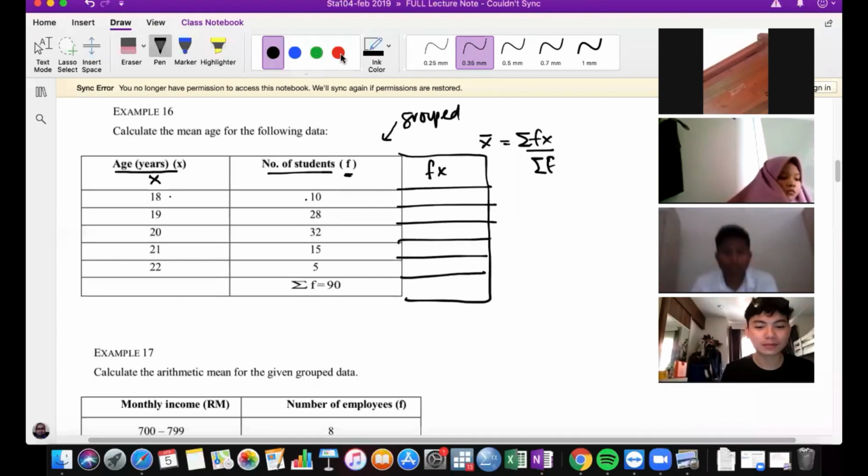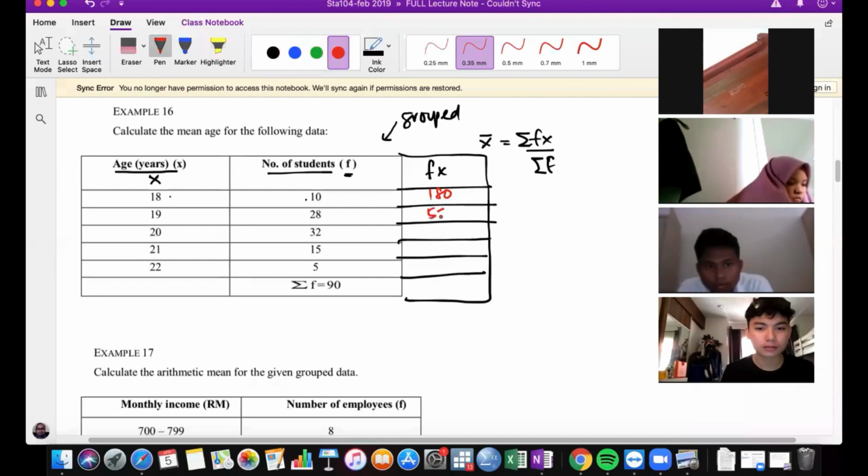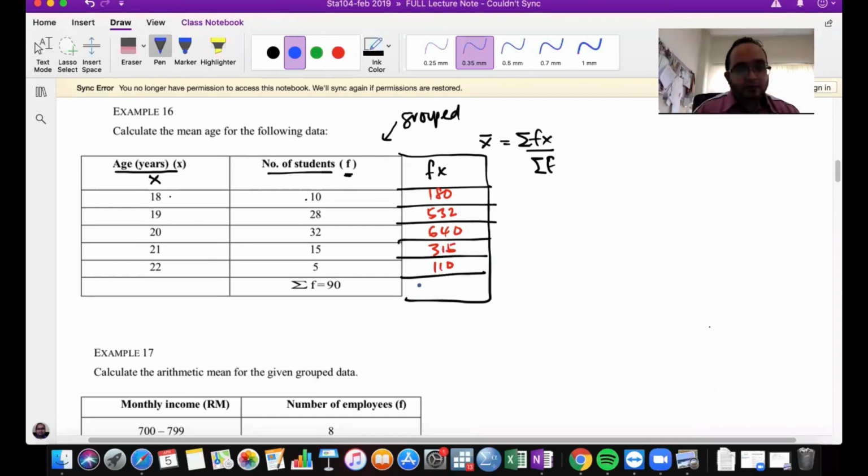So this one is going to be 180, and this one should be 532, 640, 315, 110, to be 1777. Then this is the value of the summation of fx.